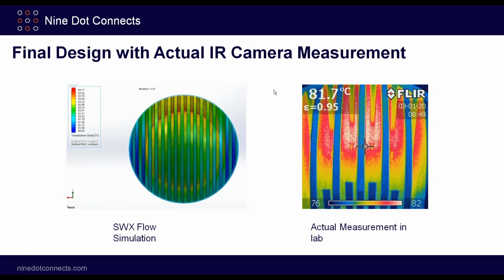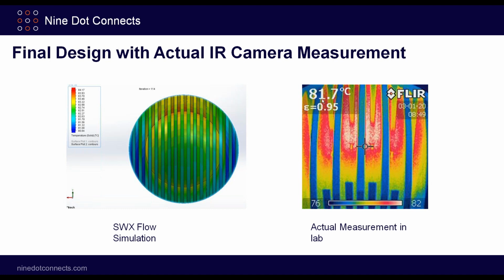So you probably have a question, well, is it real? So here is a simulation over on the left, and here's an actual measurement. So we actually built, the final model is just a slight derivative of this for the final fin spacing, etc. But that was more for a manufacturing exercise.